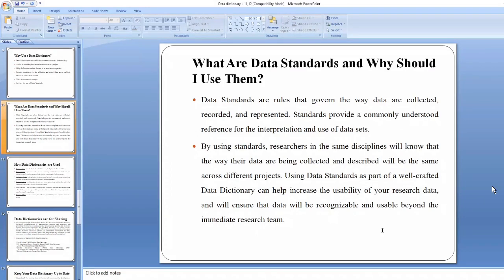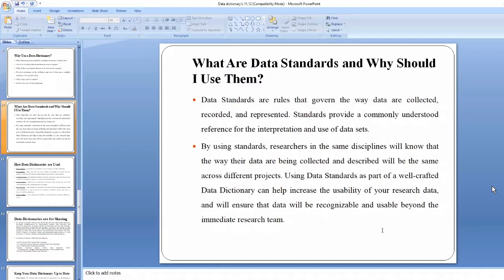Now, it tells how the data is being recorded, in which form it has been recorded, what the structure and layout are, and what the aim of recording that data in that particular manner was. With the record we have the representation, how the data would be represented. Standards provide a commonly understood reference for the interpretation and use of data sets.